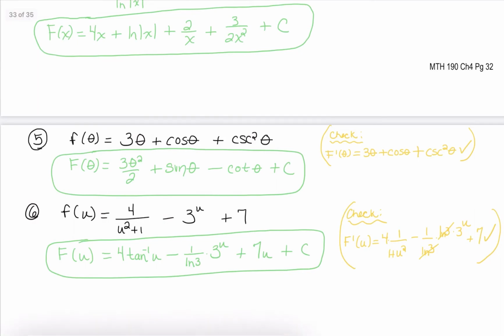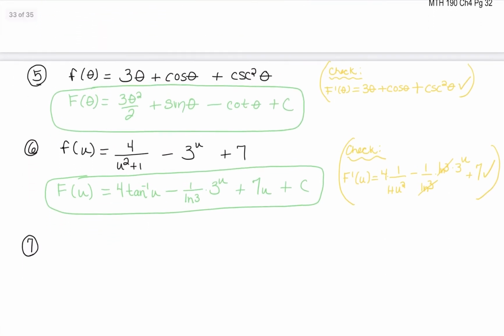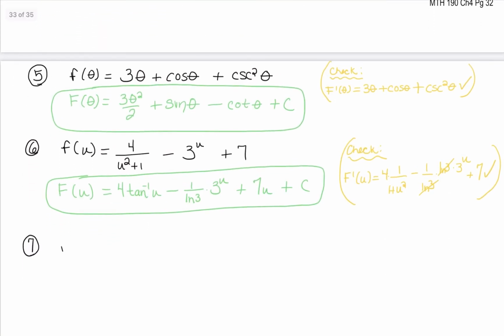All right, let's just wrap up with one last example here. So number 7, let's take a look at lowercase f of x is equal to 1 plus tangent squared of x divided by 2. Now, a good first instinct would maybe be to split this into 2 different terms. We've done that before with these quotients.